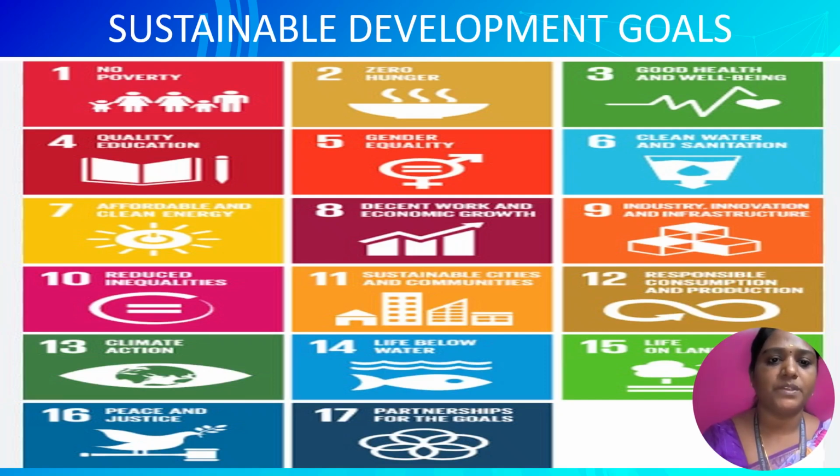There are 17 sustainable development goals: no poverty, zero hunger, good health and well-being, quality education, gender equality, clean water and sanitation, affordable and clean energy, decent work and economic growth, industry innovation and infrastructure, reduced inequalities, sustainable cities and communities, responsible consumption and production, climate action, life below water, life on land, then peace and justice.